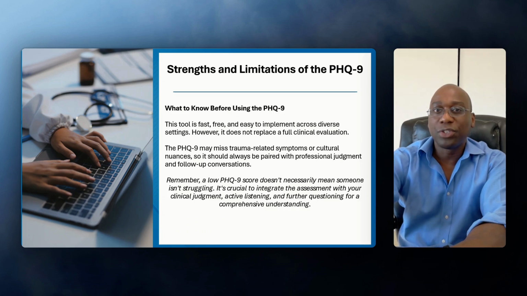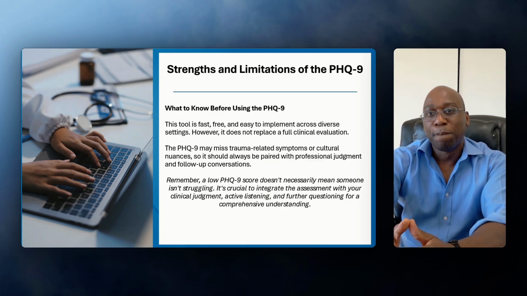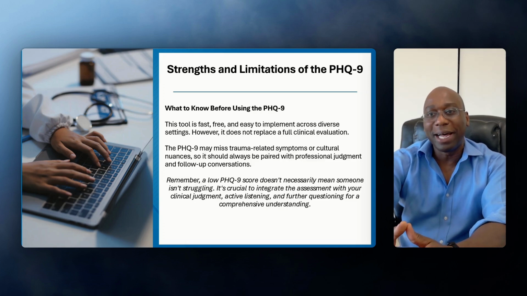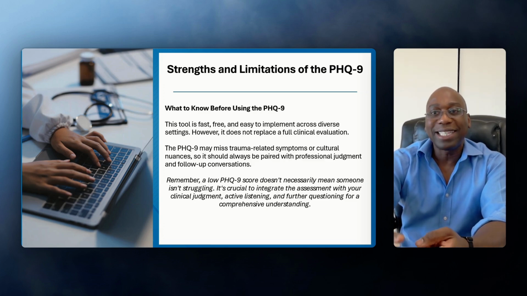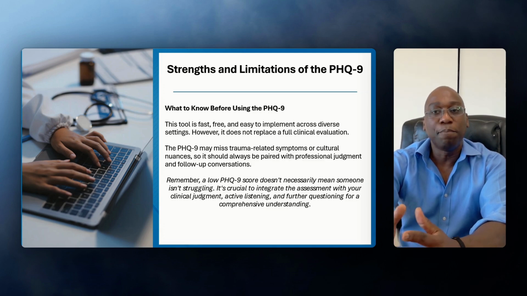Even when you score a patient with a low score, that does not really mean that everything is good to go. Low scores do not mean someone is not struggling. That is why you should always combine the PHQ-9 assessment with your clinical judgment, as well as active listening and follow-up questions. It's a fantastic screening tool, but it works best as part of a bigger conversation.